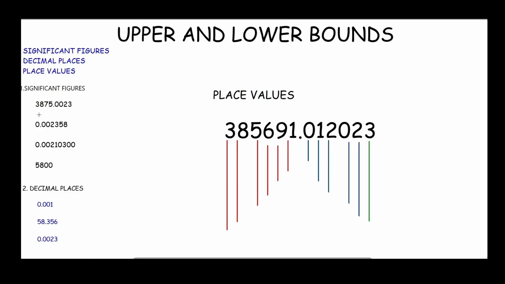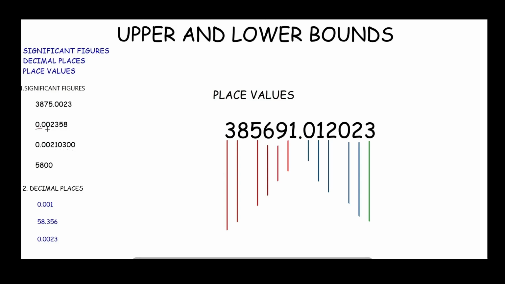You should know that non-zero digits are always significant figures. These are non-zero digits, therefore we consider them as significant figures. Next, the second number is 0.002358.